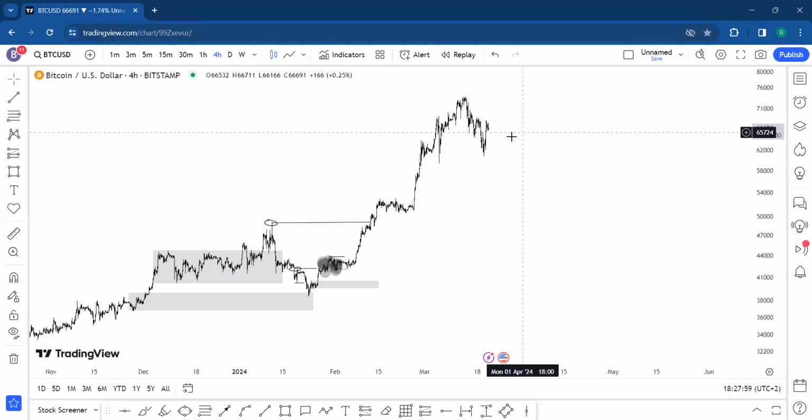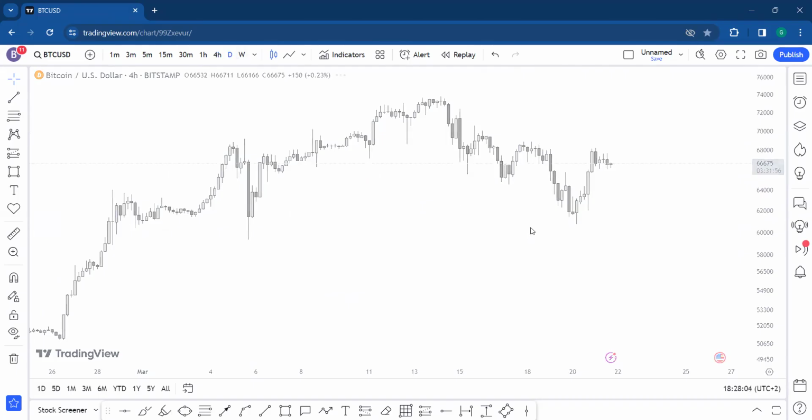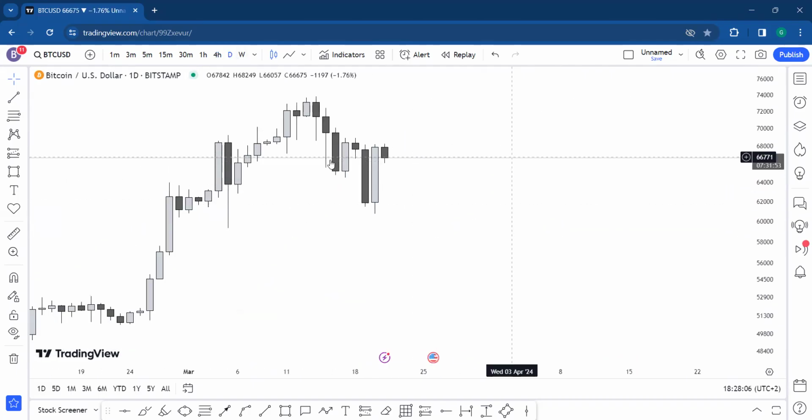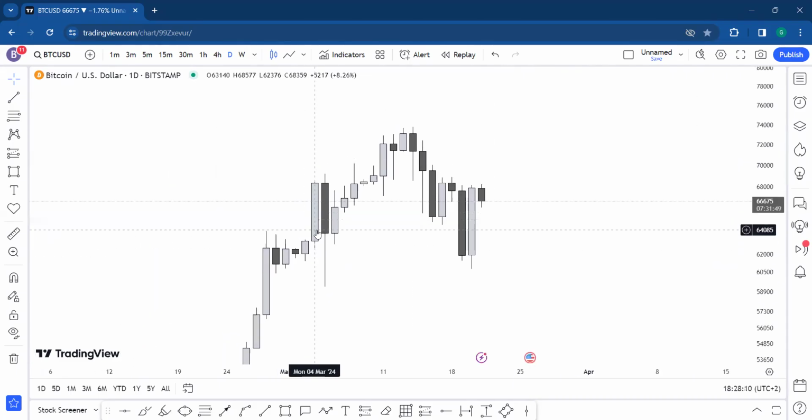For example, with the current market, if you go on the daily, let's look at this. You had the market printing this smaller range.